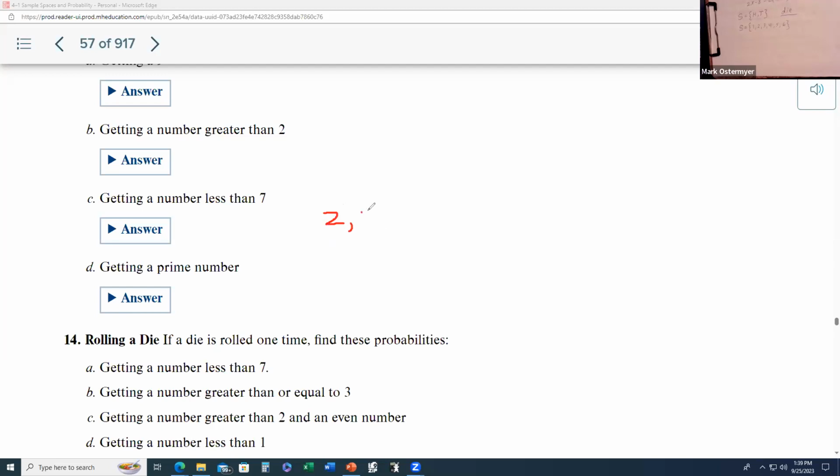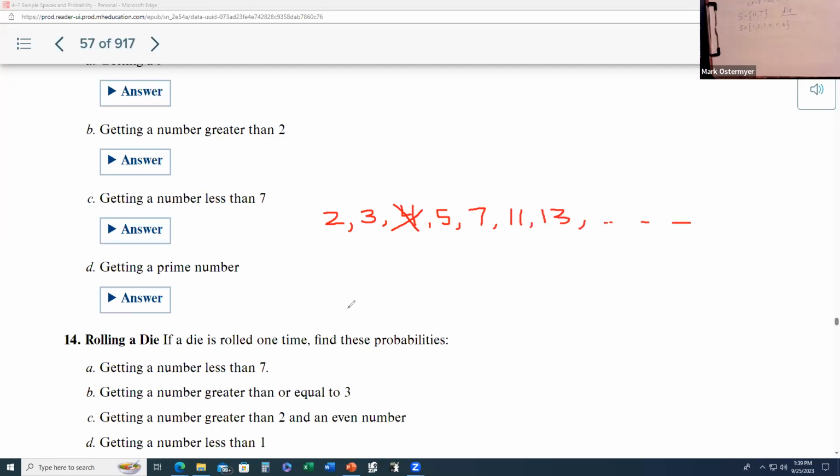Is 3 prime? 3 is prime, divisible only by 1 and 3. Is 4 prime? 4 is not prime because 4 is divisible by 1 and itself and also 2. 5 is prime. 6 is not prime. 7's prime. 8's not prime. 9's not prime. 10's not prime. 11's prime. 12's not prime. 13's prime. All right, there's an infinite number of prime numbers.